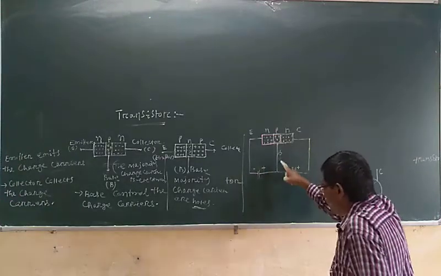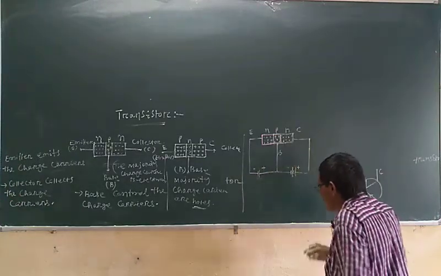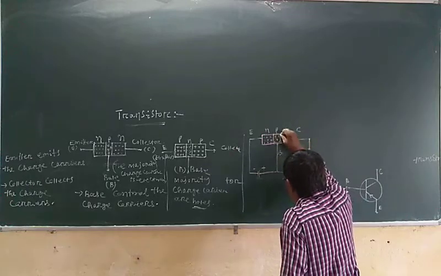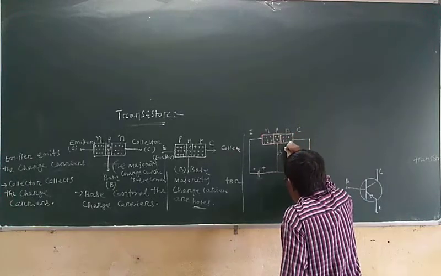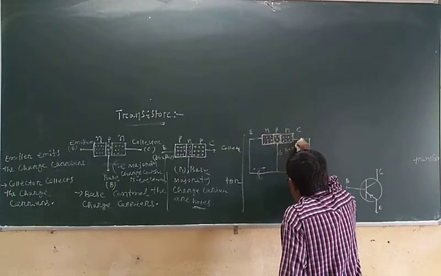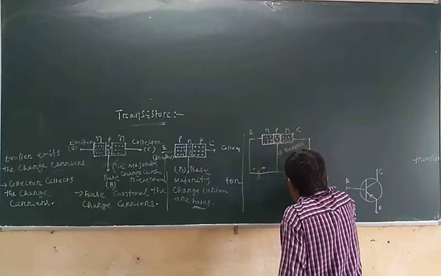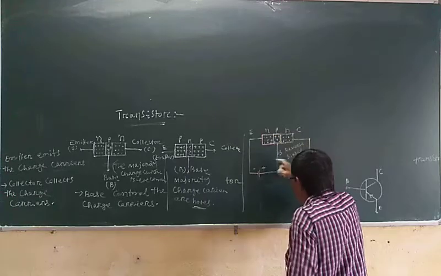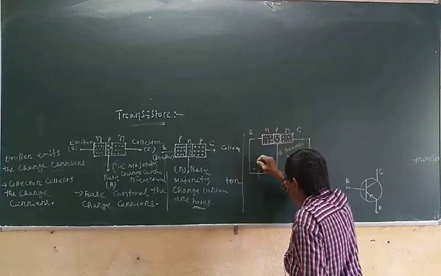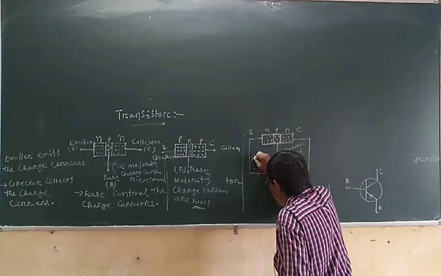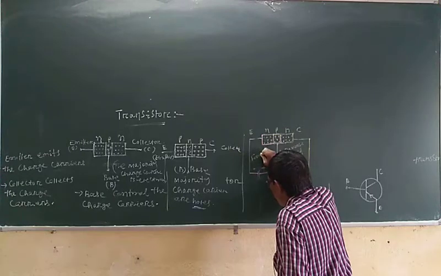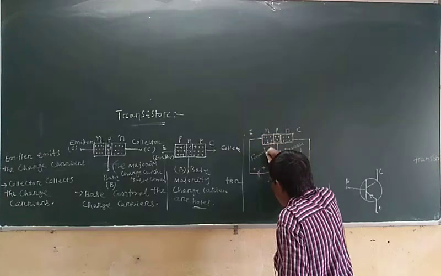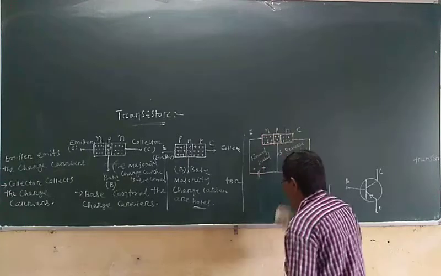So the base-collector junction is reverse biased, and the emitter-base junction is forward biased.